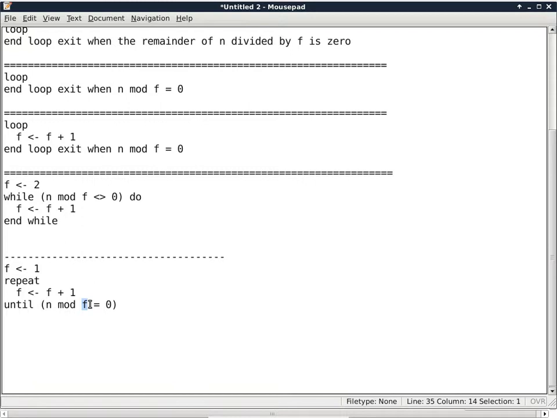Go ahead. In the code, n is not initialized. N is given to me, so I don't have to initialize it. In other words, my job is, somebody is going to give me a number, and my job is to find a prime factor of the given number. And this algorithm will find a prime factor.